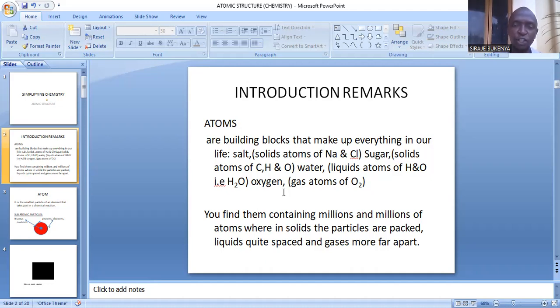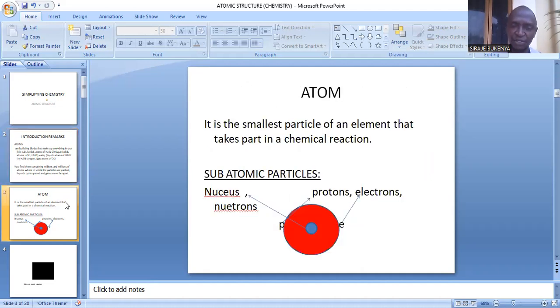You find millions and millions of atoms in the solids. If you look at this paper, just only the thickness, we have millions and millions of atoms. These atoms are the smallest particle of an element that can take part in a chemical reaction.